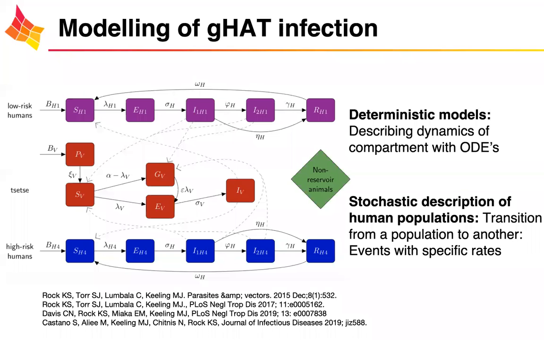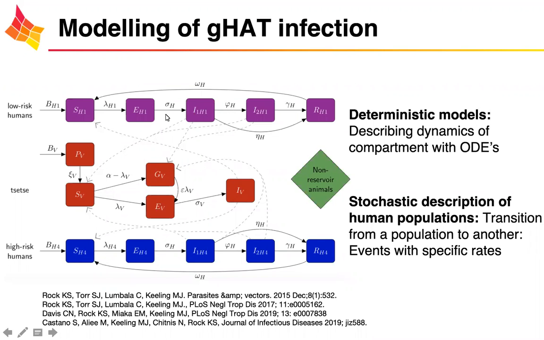The model considers two different human populations at different levels of risk, and it's a compartment model. There are different compartments for different stages of the disease. I won't go into detail, but I just want to show you that the details of the infection dynamics are considered both for tsetse flies and for humans.